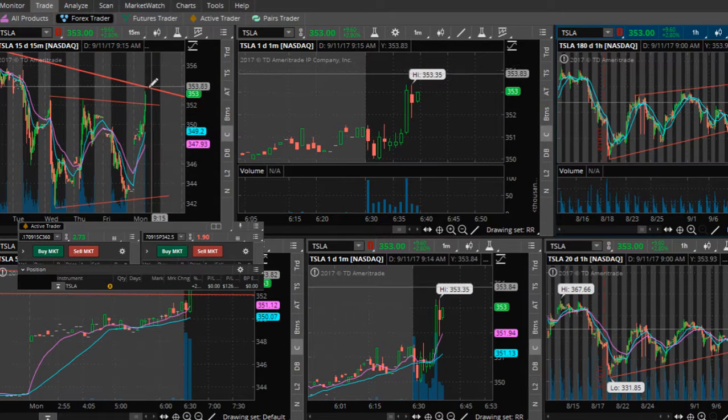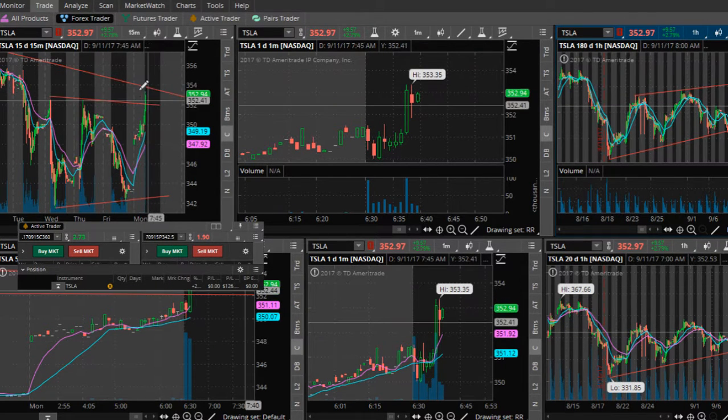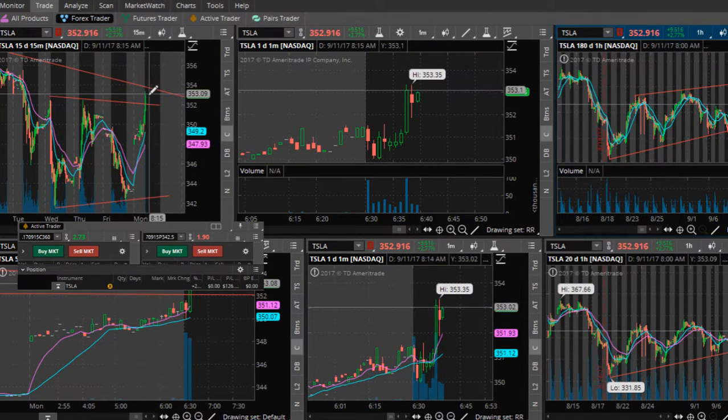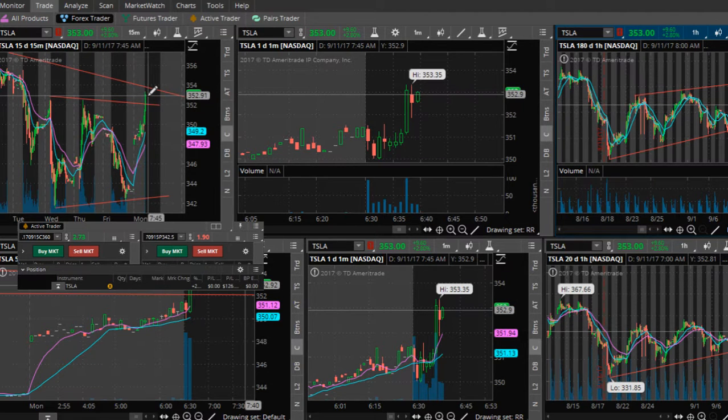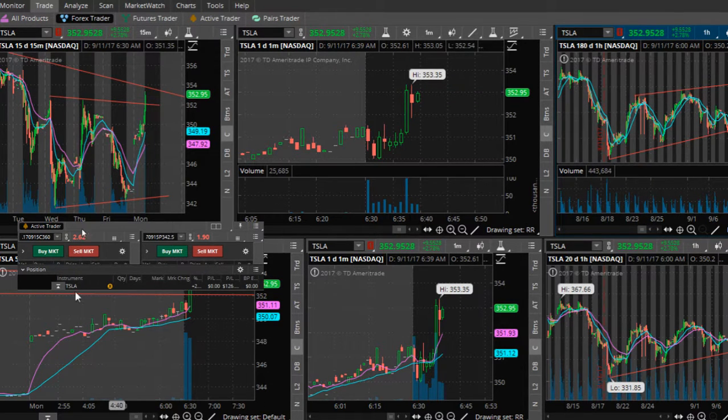So if it starts breaking the trend line I have over here on the 15-minute time chart, then I might decide to buy some more calls and go back in. It's moving a little slow right now, so we'll check it out.